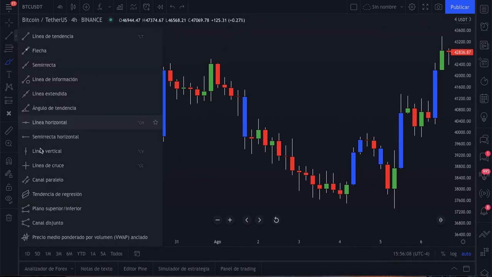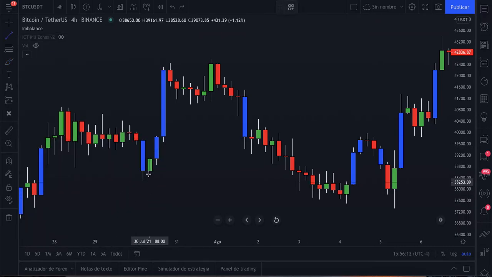Basically, the imbalance is generated when we have the highest price of this candle with the lowest price on the next candle, this one.